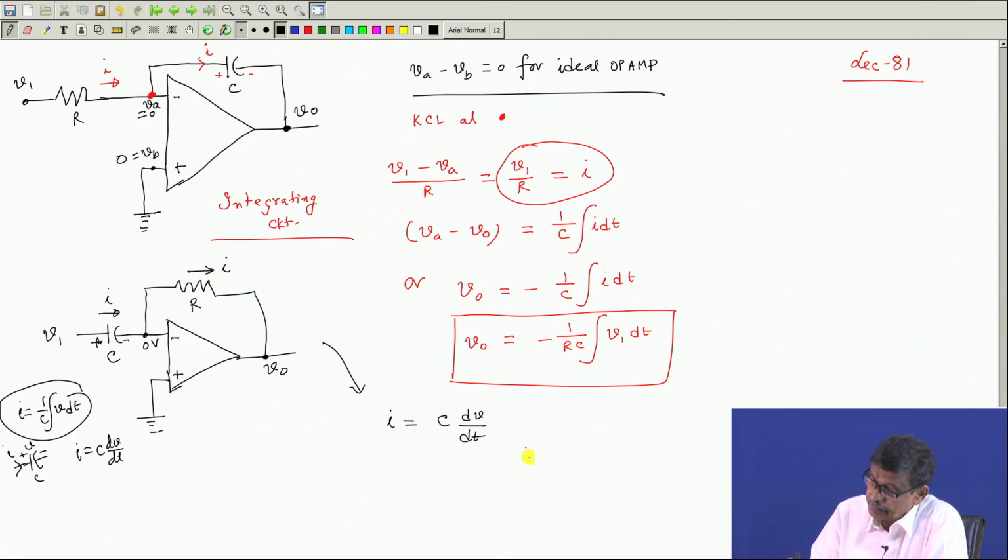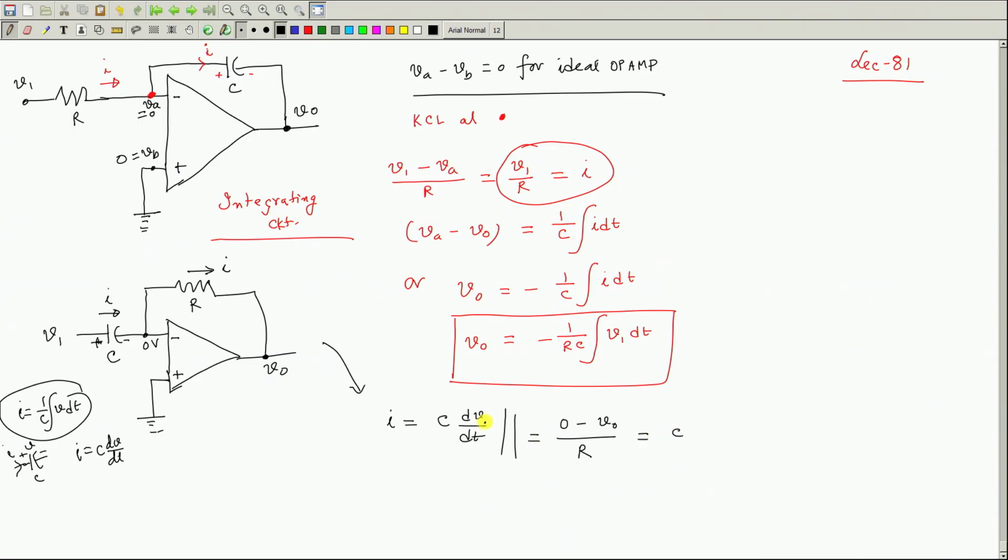And once you get that, this same I flows here. Therefore, in this branch this current is 0 minus V naught divided by R, has to be also this current, that is C dV1/dt, or I will say V naught is equal to minus R C dV1/dt.